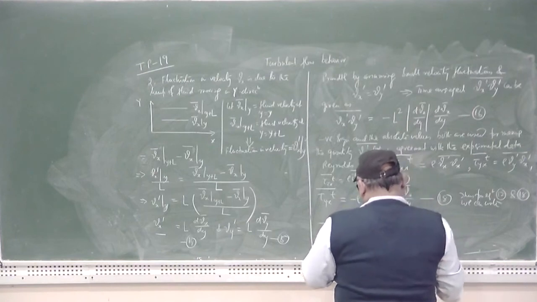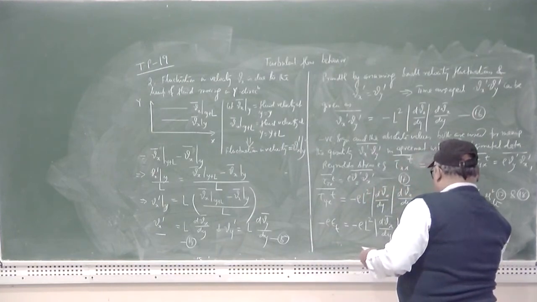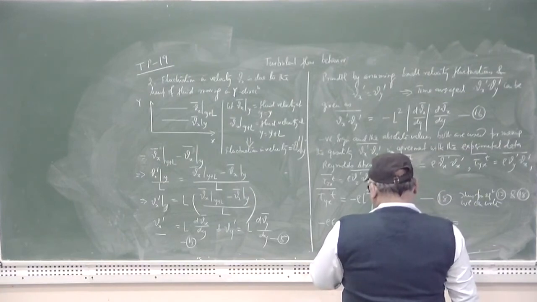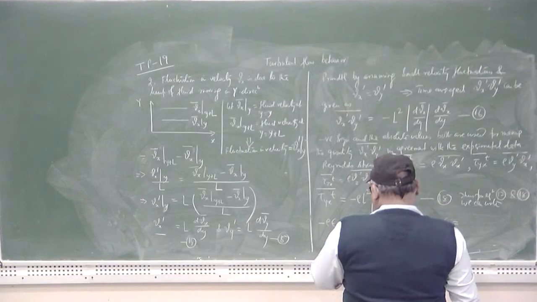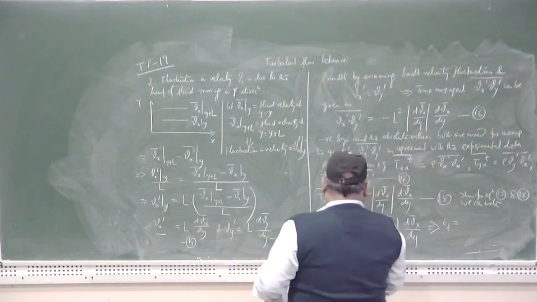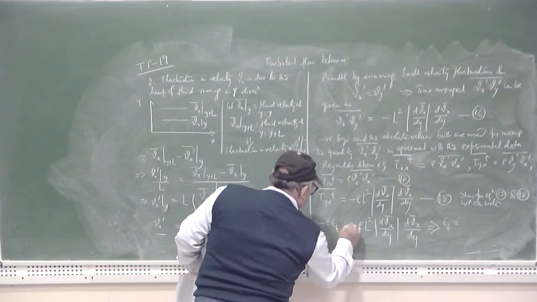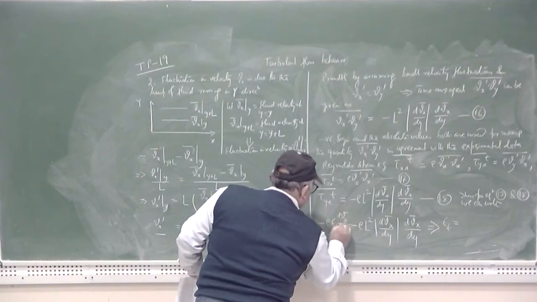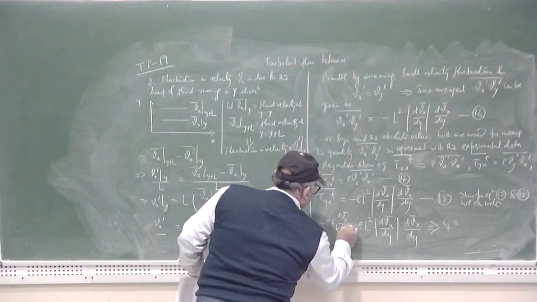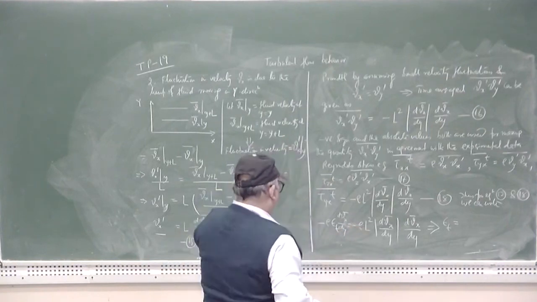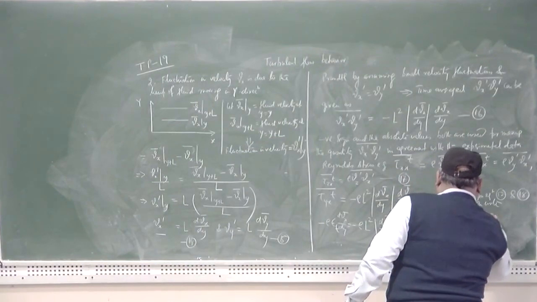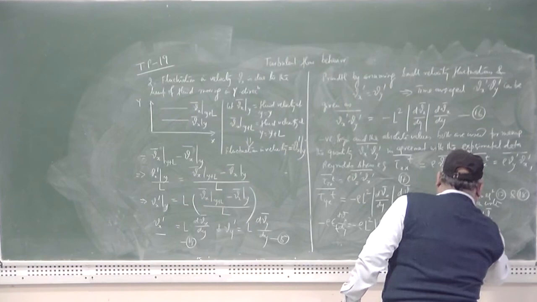So, from this the value of epsilon t comes as L square modulus of dVx bar by dy.